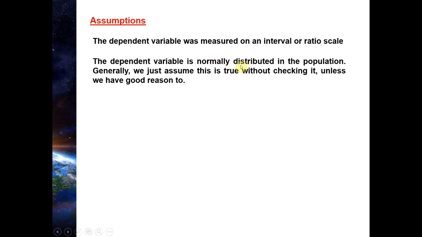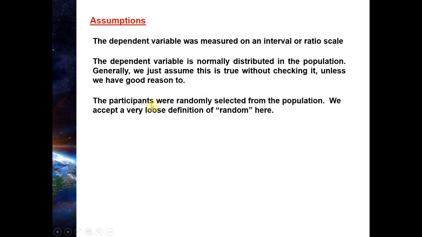But usually we don't test this assumption. We just assume it's true, unless we have good reason to assume that it's not, because virtually all the variables we're interested in psychology are normally distributed in the population. We have determined this through many tens of thousands of experiments.